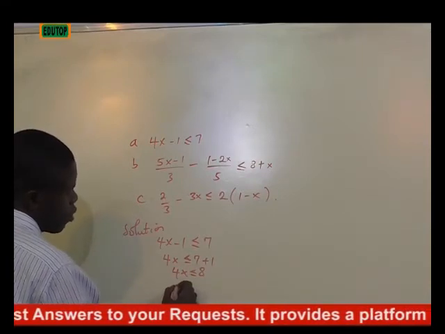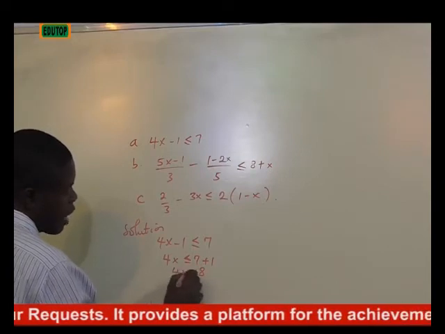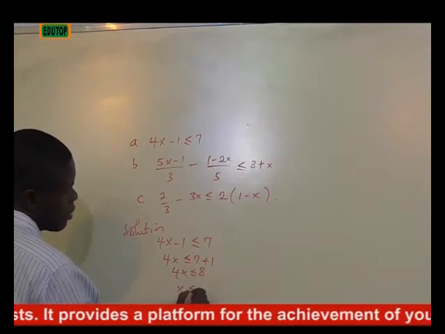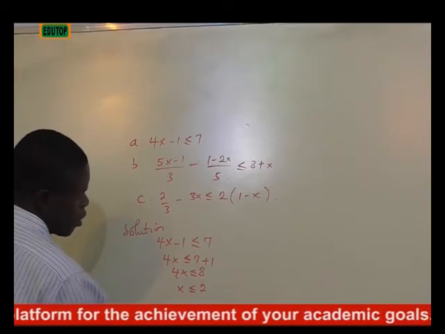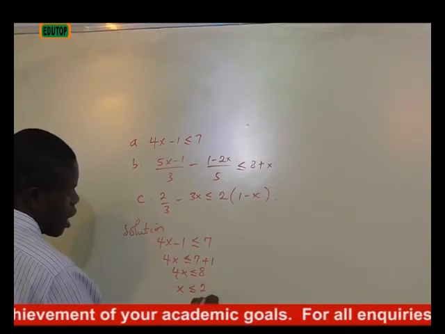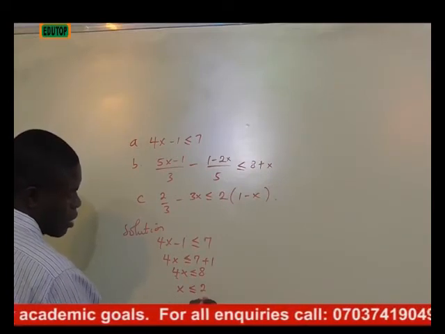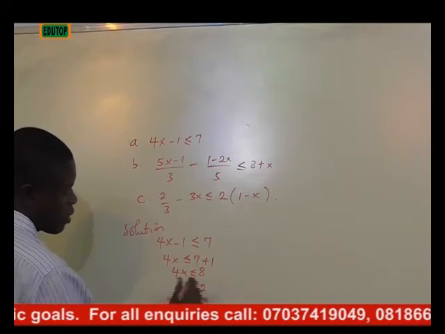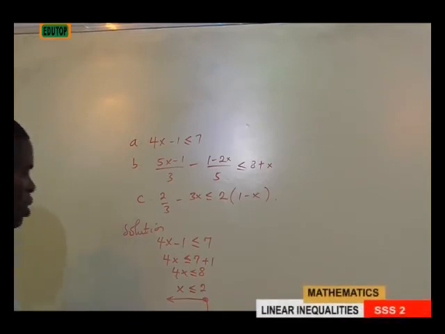Dividing both sides by 4, we have x less than or equals to 2. And representing this on the number line, let's say this is our 0 region and this is our 2 region. So we have this, that will be shaded because of the fact that it has this, then goes like this. So that is the graph of question A.